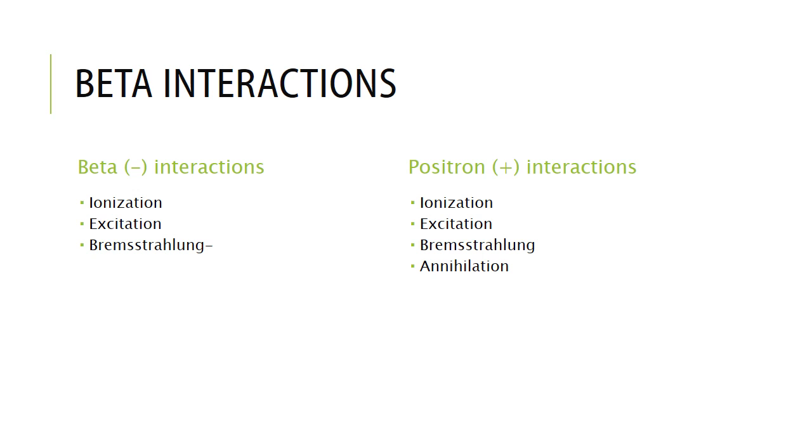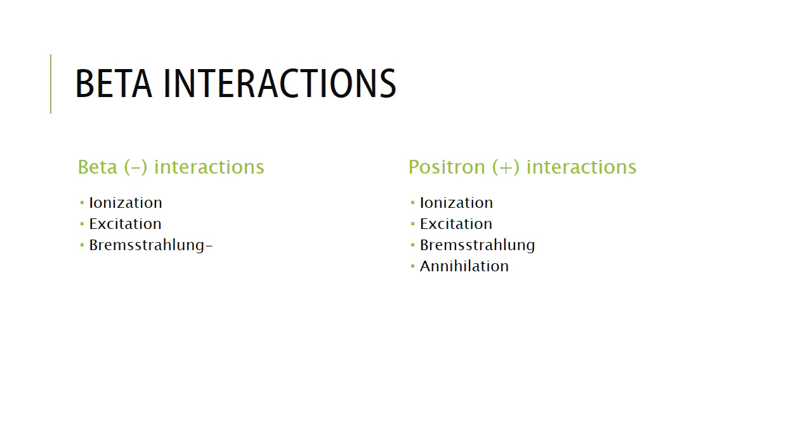Excitation is a bit different than ionization. Excitation occurs when a primary or secondary electron is unable to knock the orbital electron completely out of its shell, or completely out of the atom, rather, but it's able to elevate the orbital electron into a higher energy level.